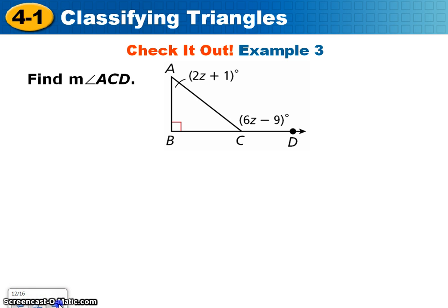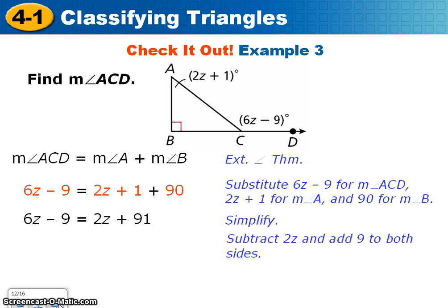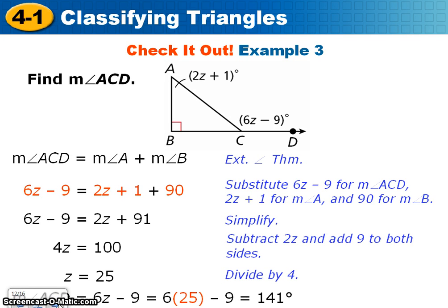So the equation is 6z minus 9 equals the sum of 2z plus 1 and 90. Solving for z gives us z equal to 25. To find the measure of angle ACD, I plug 25 into 6z minus 9 to end up with 141 degrees for the exterior angle ACD.